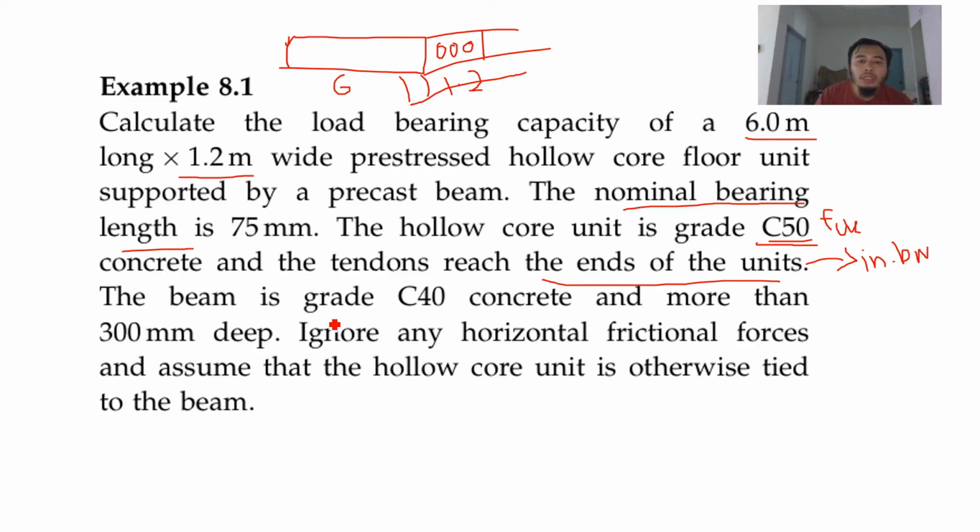The beam is grade C40, so the supporting member is grade C40 and more than 300 millimeters deep. So the beam is 300 millimeters deep. Ignore any horizontal friction forces, and assume that the hollow core unit is otherwise tied to the beam.